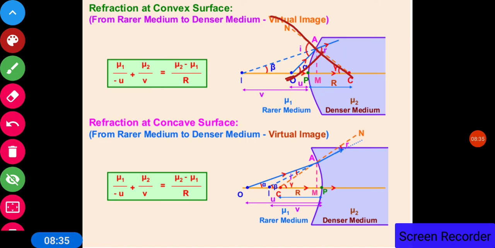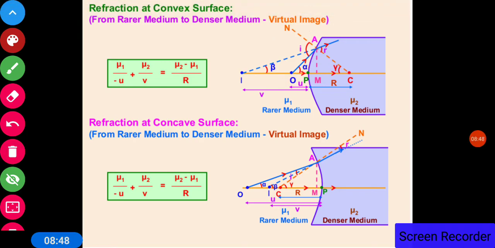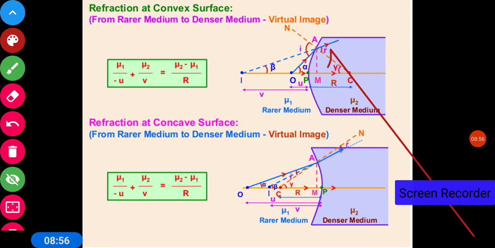Since the ray of light is traveling from rarer to denser medium, and the final image is virtual, meaning the image is on the same side as the object, the ray diagram will be like this. Here angle i is more and angle r is less, so the final image forms at this position.